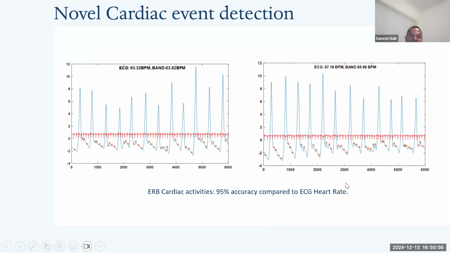You can see that this is the standard ECG, and these were the peaks here. You can see that those were the data extracted as an ECG equivalent. So we got around 95% accuracy compared to the standard ECG using our own sensors.